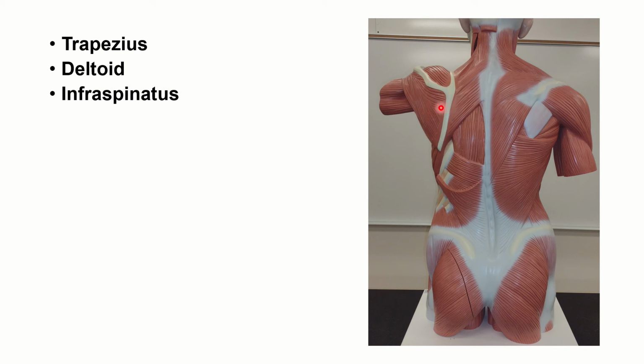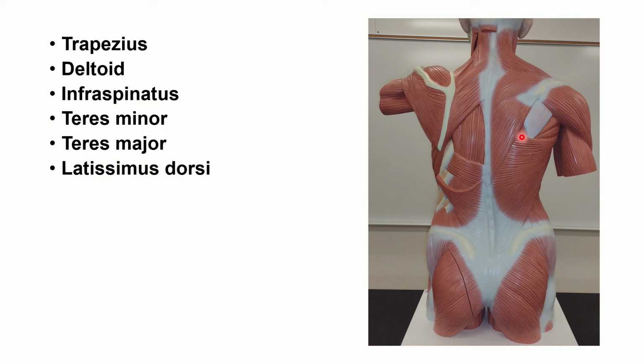So this is the scapula, and this is the spine of the scapula, infraspinatus muscle, and teres minor. Actually, this is also infraspinatus muscle, by the way, and this is the teres minor, and this is the teres major. Latissimus dorsi, this big muscle that you can see.